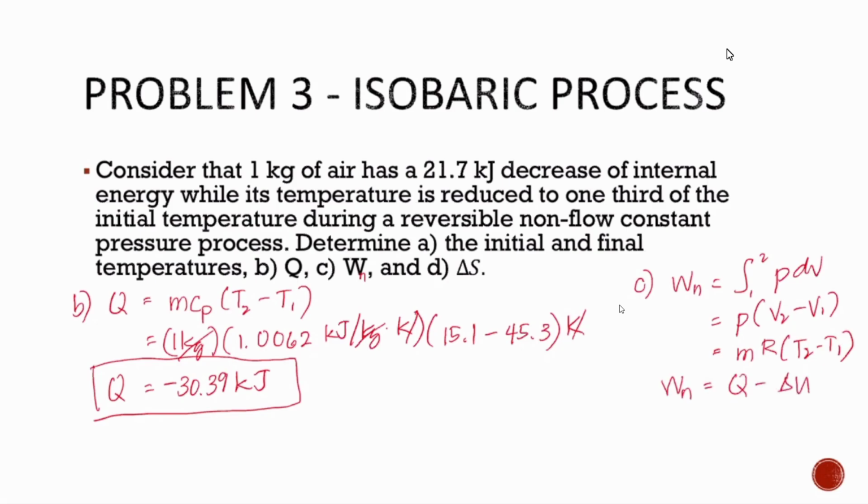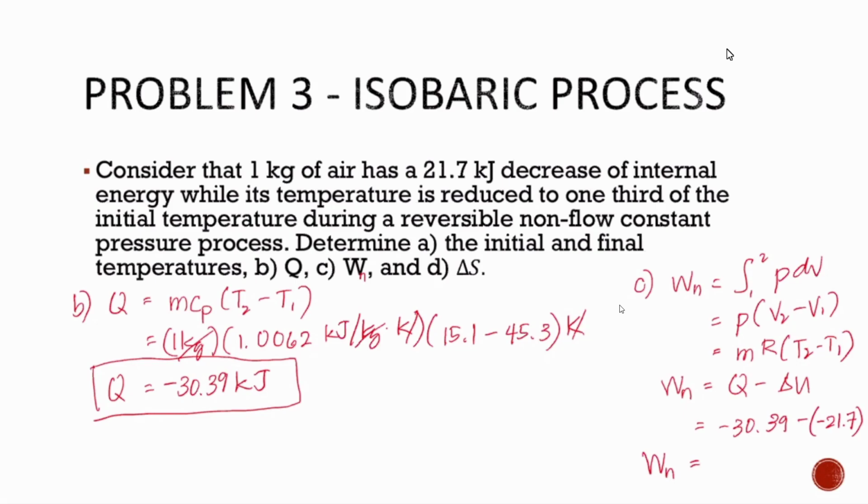Okay? So, therefore, the non-flow work, what did we get? Negative 30.39 minus negative 21.7. So the non-flow work is equal to negative 30.39 plus 21.7.